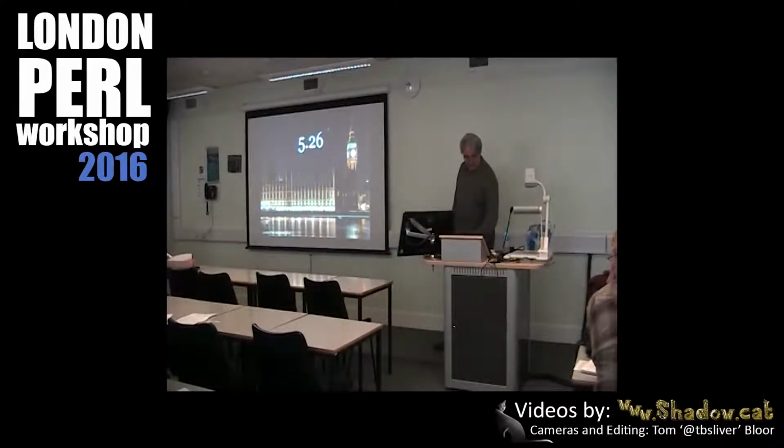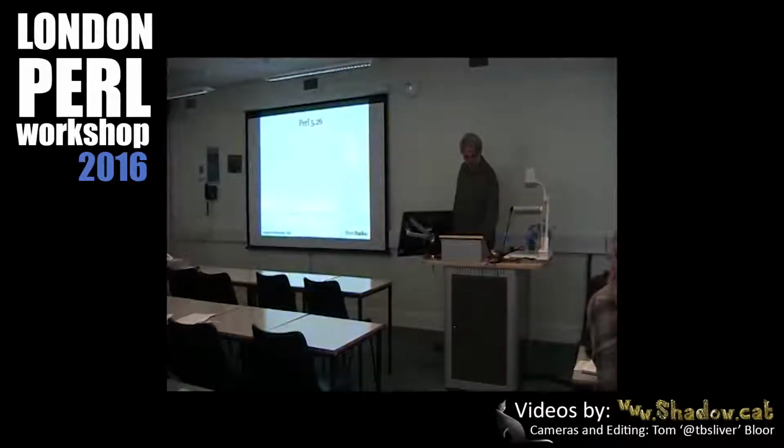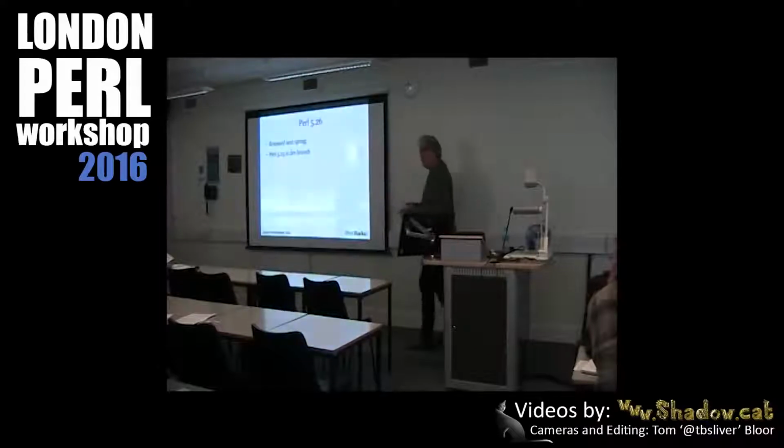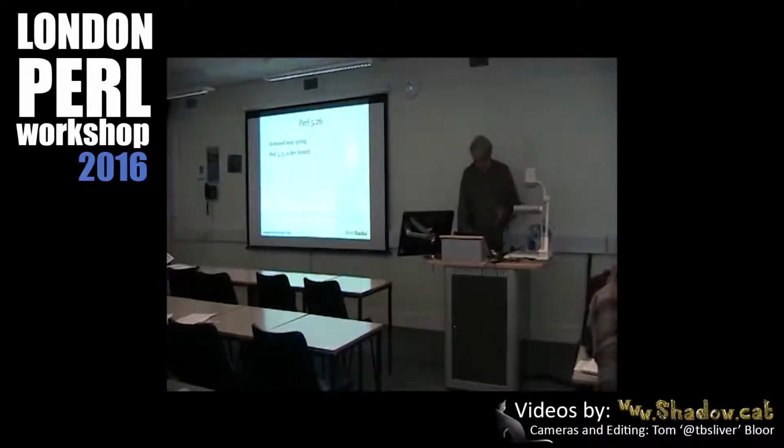A little sneak peek ahead to 5.26, which will be out next spring. Currently, if you want to see what's going on, you can have a look in Perl 5.25. Well, for a development version of Perl, new versions come out pretty much every month. So what's the current version? 5.25.6 or 7. Something like that, yeah.